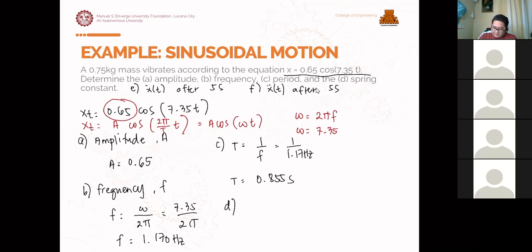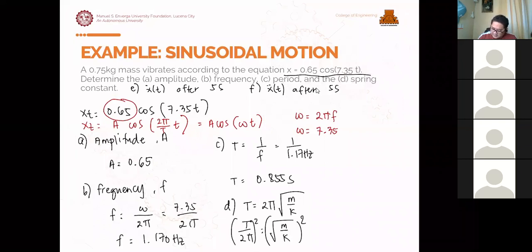So kung sa period, T equals 2 pi square root of m over k. So para makuha natin yan, this will be T over 2 pi equals square root of m over k. Then square natin both side. Magiging siyang T over 2 pi squared is equals to m over k.